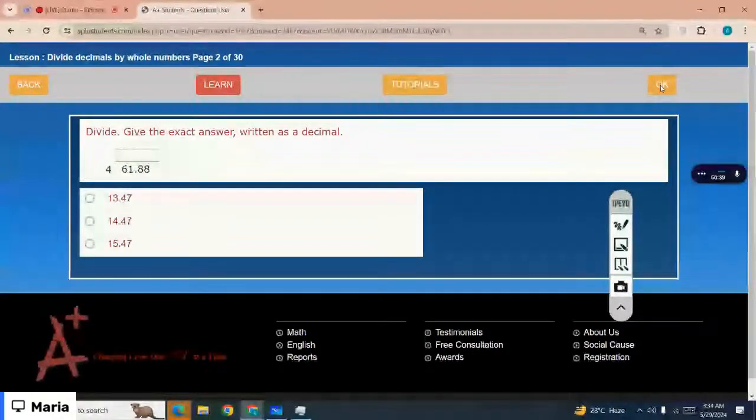No one is answering. Now why are you not using the calculator? 61.88 divided by 4. The correct option is 15.47. The correct option is option number 3, that is 15.47.